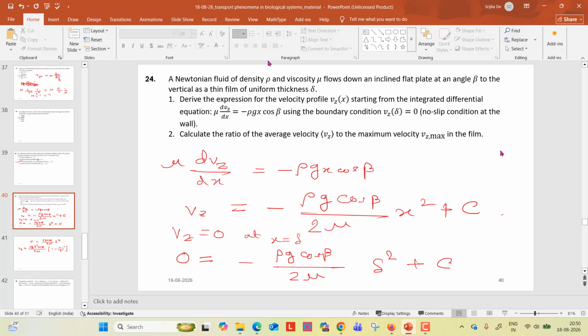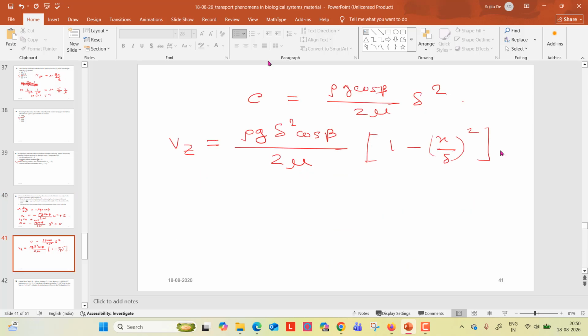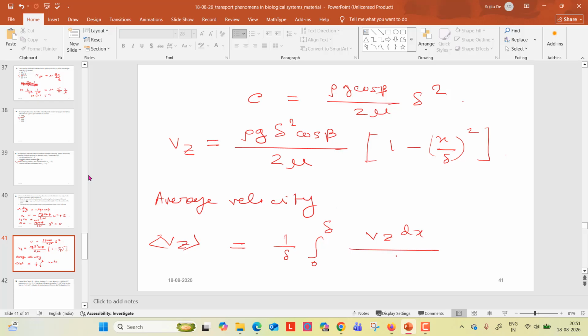Calculate the ratio of the average velocity to the maximum velocity. Okay. Now we will do the average velocity. Average velocity means vz average will be 1 by delta, so we have to integrate from 0 to delta vz dx, because we have taken out the delta, right?